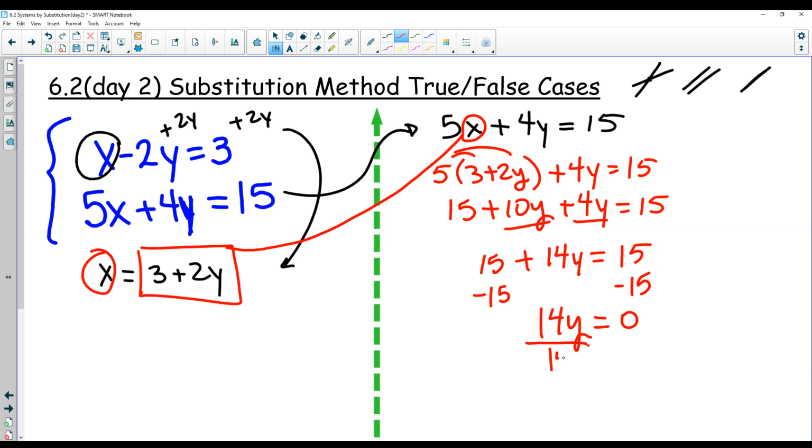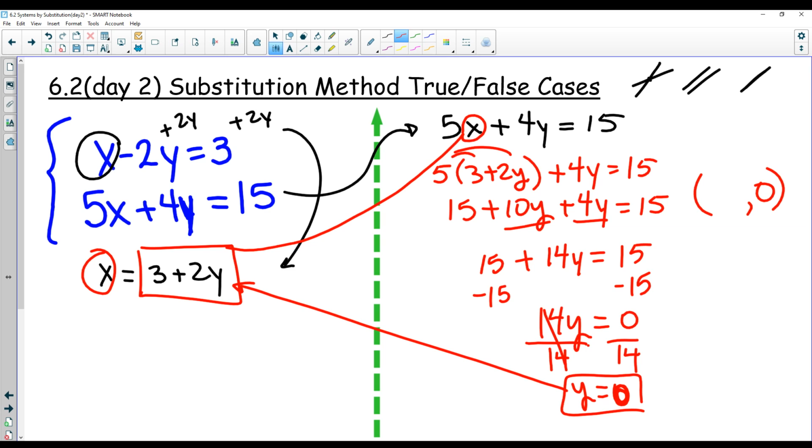Divide both sides by 14. And y equals 0. Now, this is not a special case. This just means that y equals 0. So in our solution, the y value is 0. So I got to plug that back in here for y and find out what my x value is.